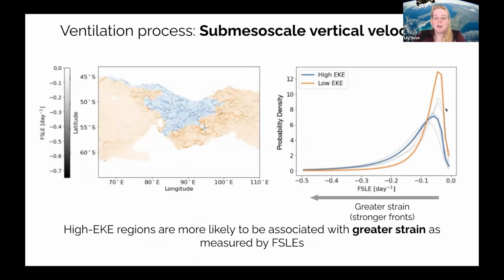And you can see that plotted here. Strain increases to the left on this plot, so greater magnitudes of FSLE. And your probability is on the y-axis. And so in our high EKE region, we have more values of this stronger strain and stronger fronts than these low EKE regions.